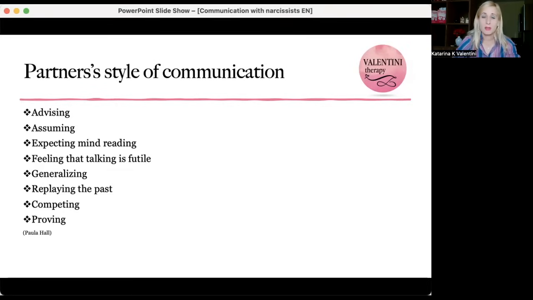Generalizing, that is also something that we tend to do when we start generalizing a specific issue. Let's say we have a problem with our narcissist because he didn't do laundry today. And we will not just be talking about him not doing laundry that day.